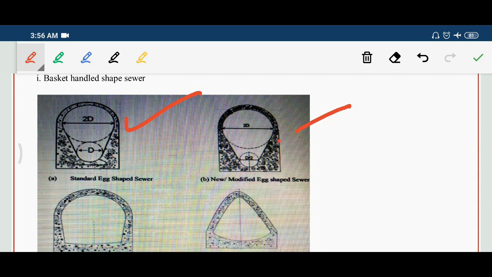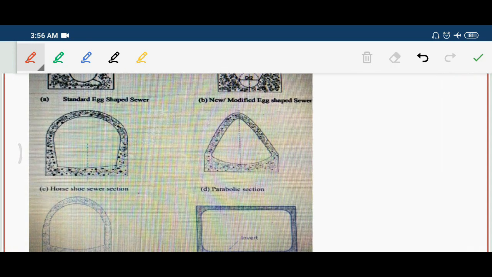This is a new modified egg shaped sewer. The difference will be the change in diameter. So here 2D, here D, and it will be 2D and D by 2. So half of this.